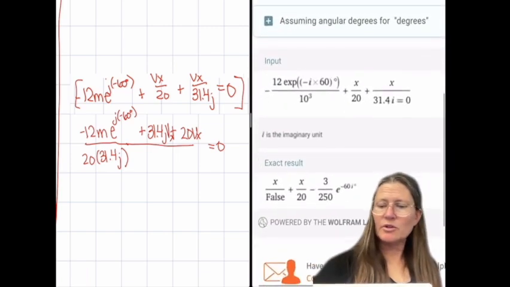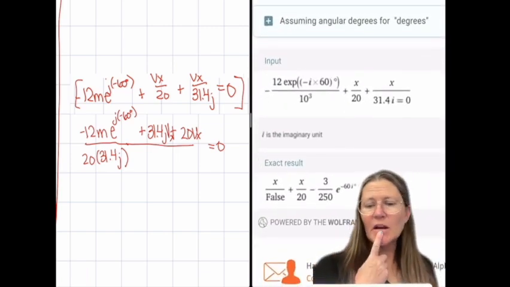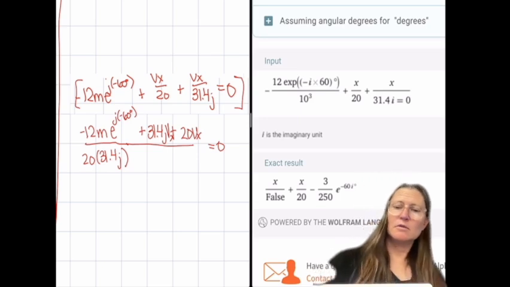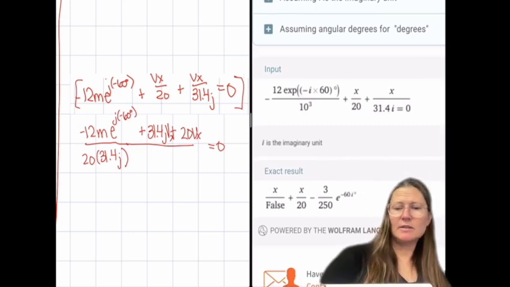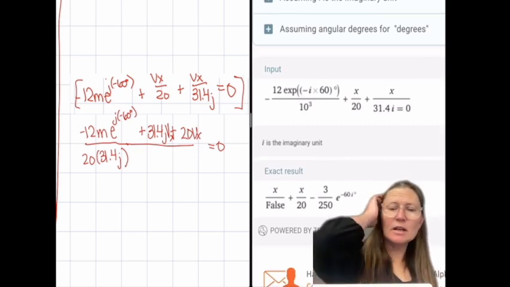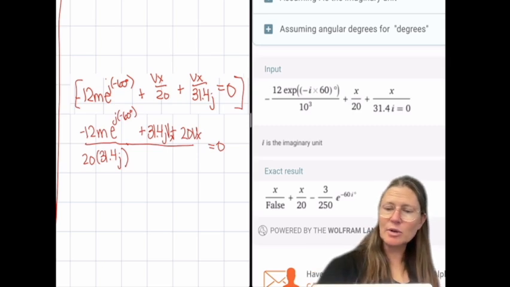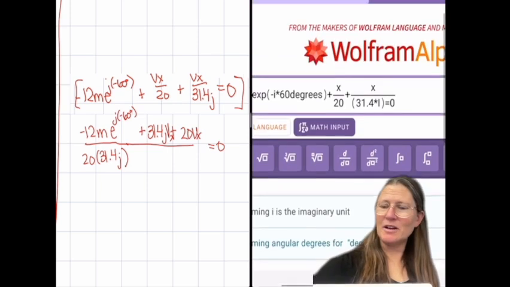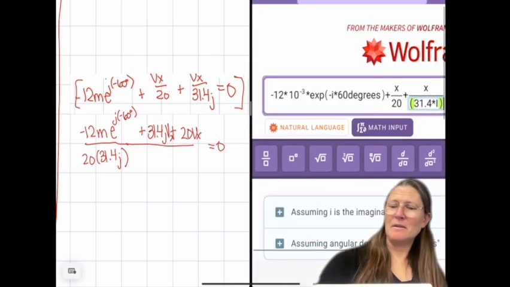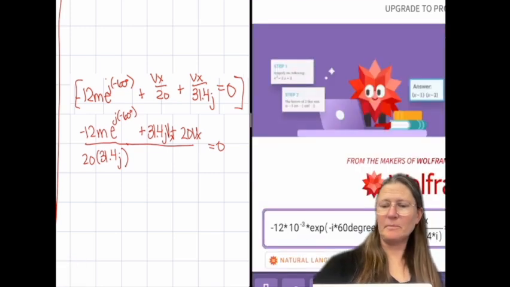So I just want to make sure the expression is still the same: minus exponential minus j 60 degrees, x over 20, x over 31.4, and that equals 0.